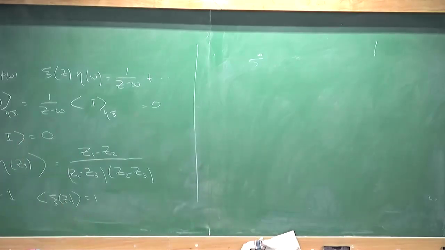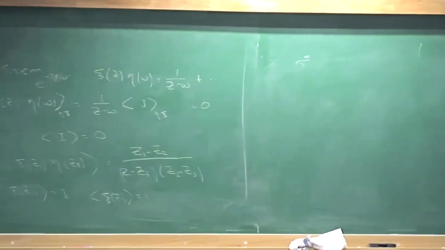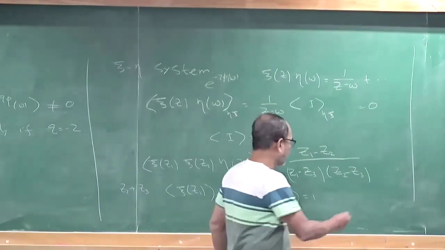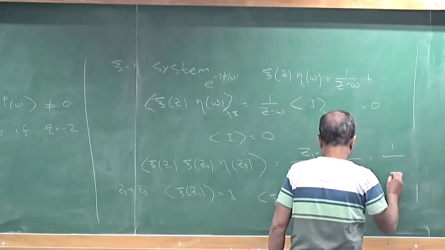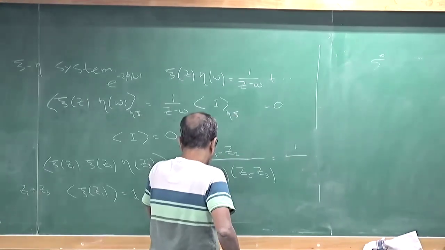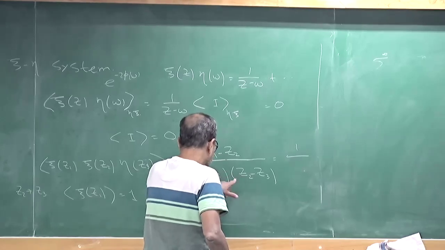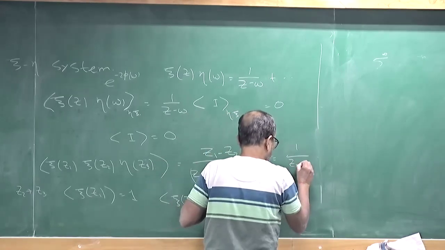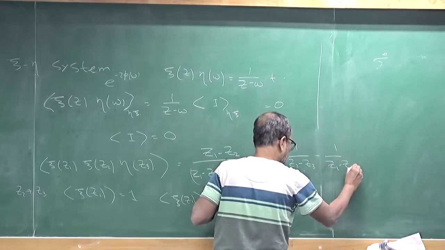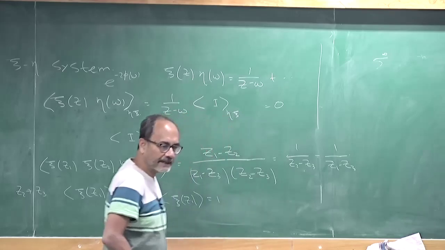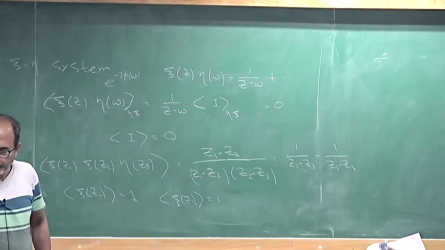You want to calculate the del xi eta correlation function. That is zero. You can calculate it and it will be zero, just by differentiating with respect to Z1. Because this one I can also write as 1 over Z1 minus Z2 is 1 over Z2 minus Z3 minus 1 over Z1 minus Z3. So if you take derivative with respect to Z1 and Z2, it is zero.